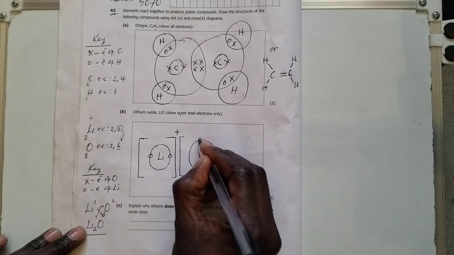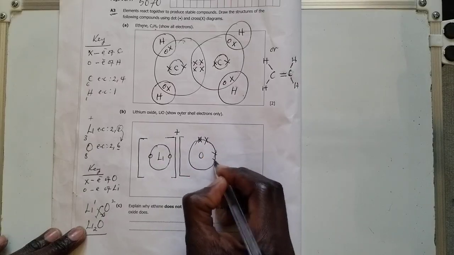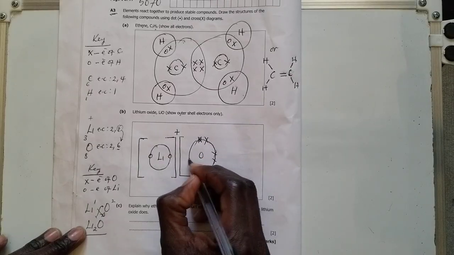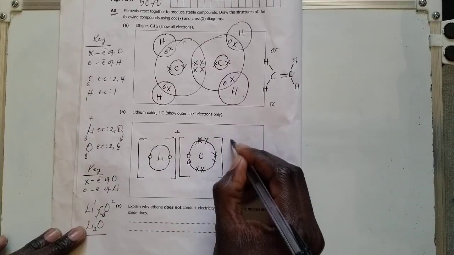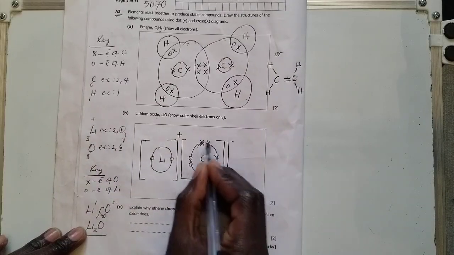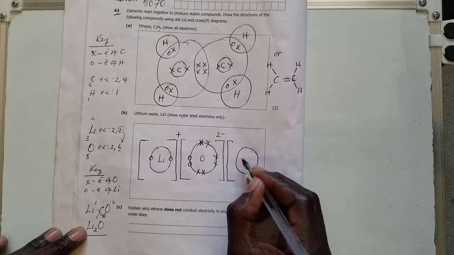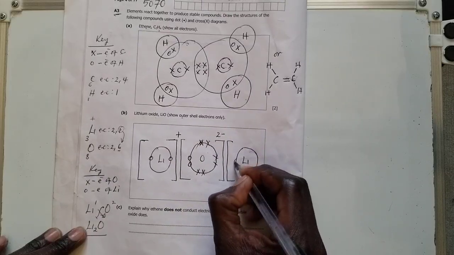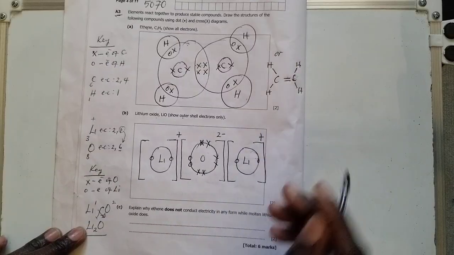It initially had 1, 2, 3, 4, 5, 6. So it will gain 2 in this case. Remember there are 2 lithium, so you put up another one. Oxygen has gained 2, so it will have a 2 minus. Then on this side I'm going to have another lithium with the 2 electrons in the outermost shell. Then it will have a plus there.